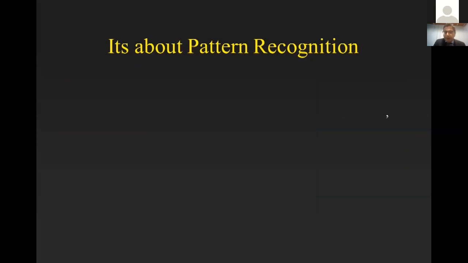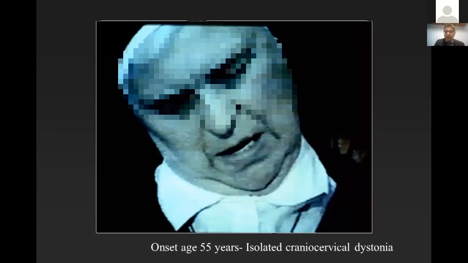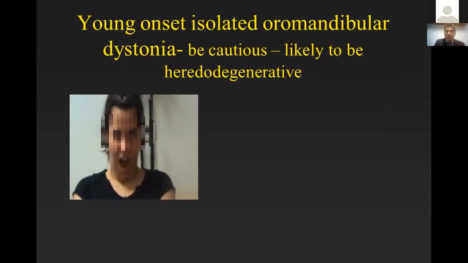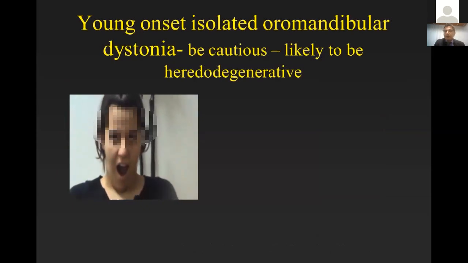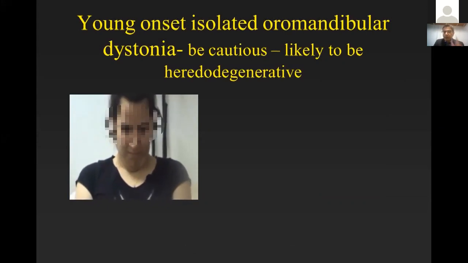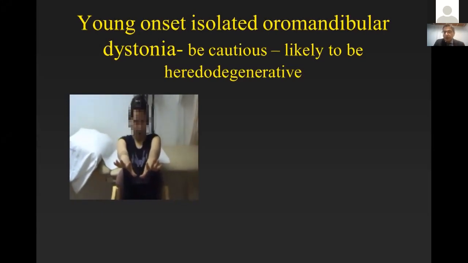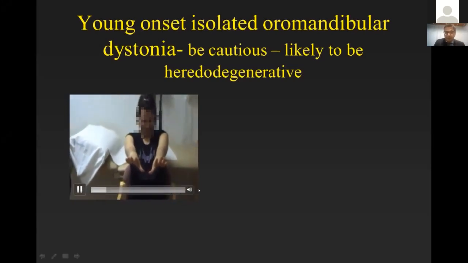So it's about pattern recognition. Here is somebody with isolated young onset limb dystonia which became generalized. That's fine. That's okay for primary dystonia. Here is somebody with late onset craniocervical dystonia, age of onset 55, she's a woman. That's fine. But here is somebody with young onset oromandibular dystonia. And you say, even though this is isolated dystonia, at this stage, this distribution and age of onset is not correct.